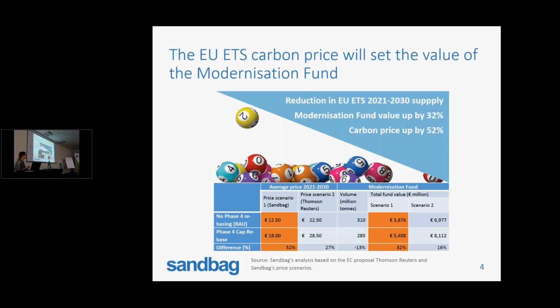And the Commission was basically estimating that if the price was on average 25.8 during the whole phase, the modernization fund could have over 7 billion euros for our countries to use. However, with the prices being as low as they are now, and if they kept this way, this value would be only around 2 billion euros, and that's not that much, to be perfectly honest.